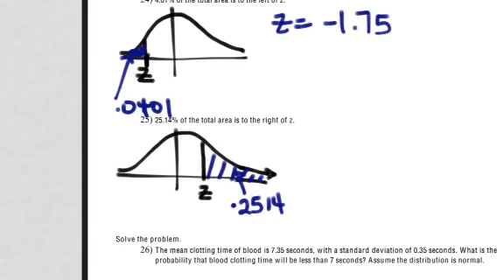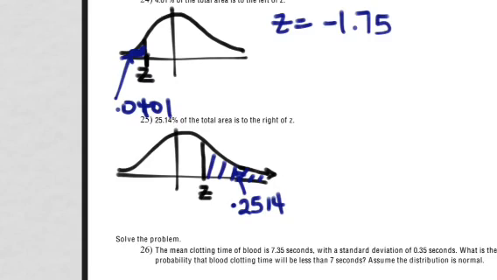So now, what does the table give you? The table only gives you the probability of being less than. So if I look up 0.2514 in the table, that will not give me the right value. So there is more than one way we can approach this. Here's perhaps the most sensible way to approach this.